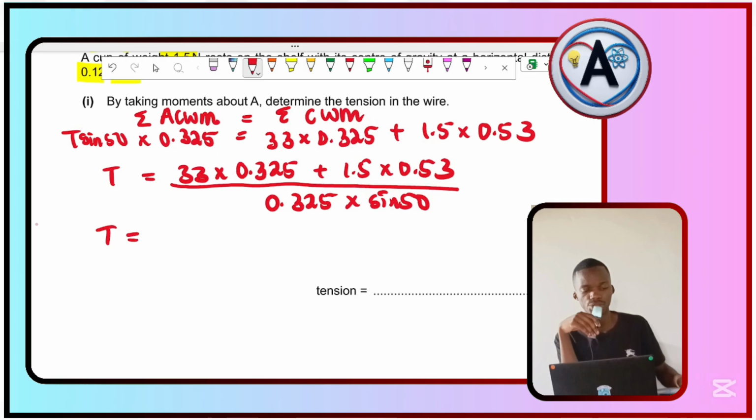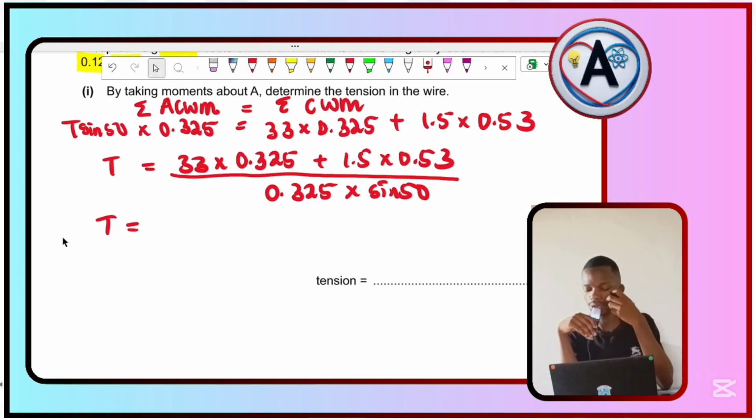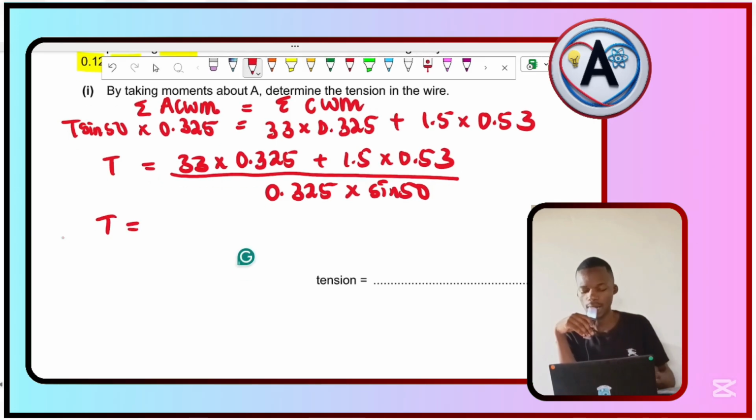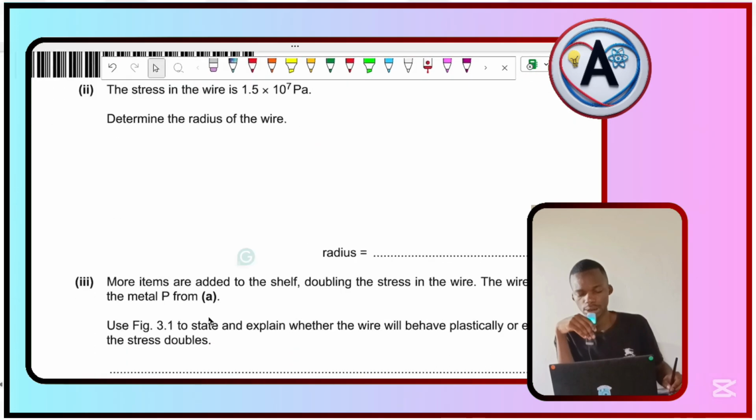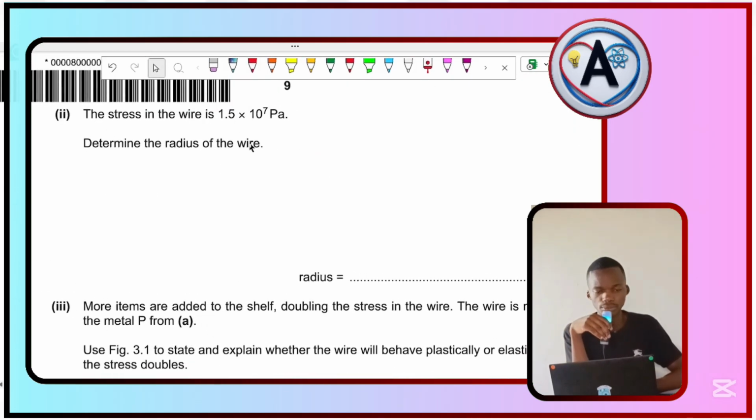We're able to get my tension, which is going to be equivalent to 46. Punch that in the calculator and do it separately. Don't just punch it all at once, you're going to make a lot of errors. So 46.2716761, something like that. You're going to get 46 newtons to 2 significant figures. Remember my rule, 46.